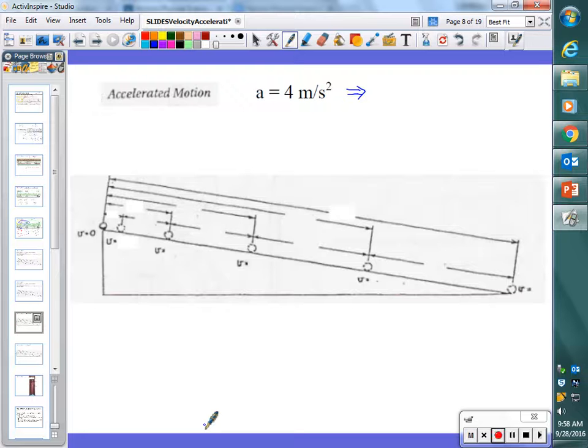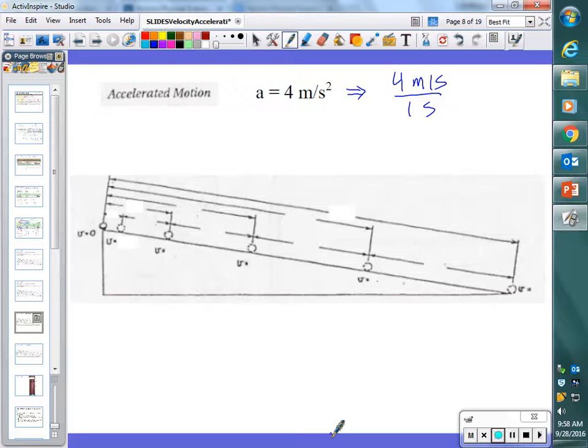If the acceleration is 4 meters per second squared, what does that mean? Sammy said at each position it's going to be 4 meters per second faster. Each second it's going to be 4 meters per second faster, right? Is that okay?